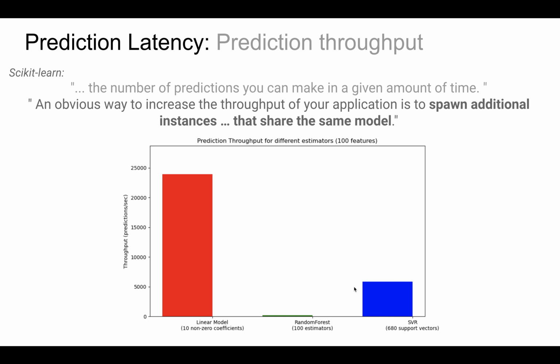To increase the throughput, what this is suggesting is to spawn additional instances. So you can have copies of the same model, and feed input data separately to each of them. They may be running on different machines. Then you get a parallelized approach to get the output predictions of the input data that you have.